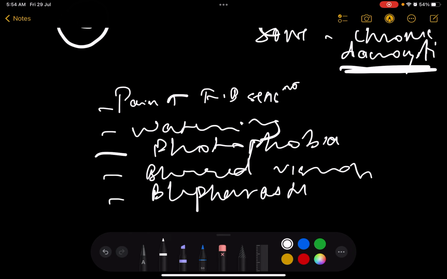Because of that, we are going to have all of these different signs. When you look at the ulcer, your cornea is going to show circumcorneal hyperemia, and there's also going to be a lot of chemosis.